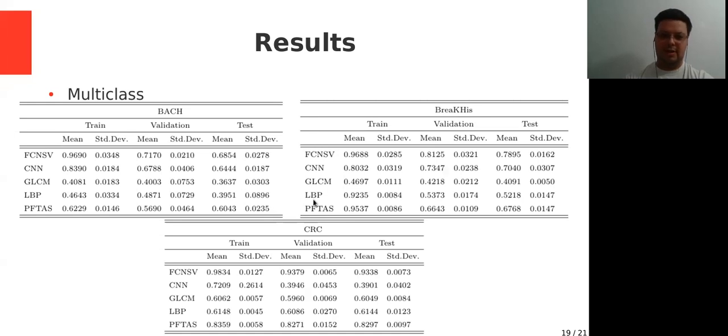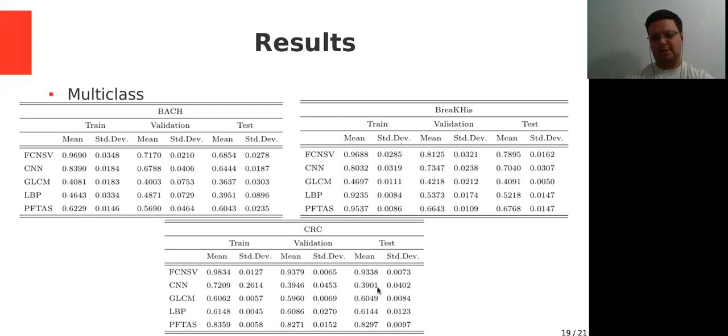So they are equivalent in the classification process to the FCNSV. So the difference here was really the feature extraction part. And here for the CRC data set, it's the 8-class configuration.